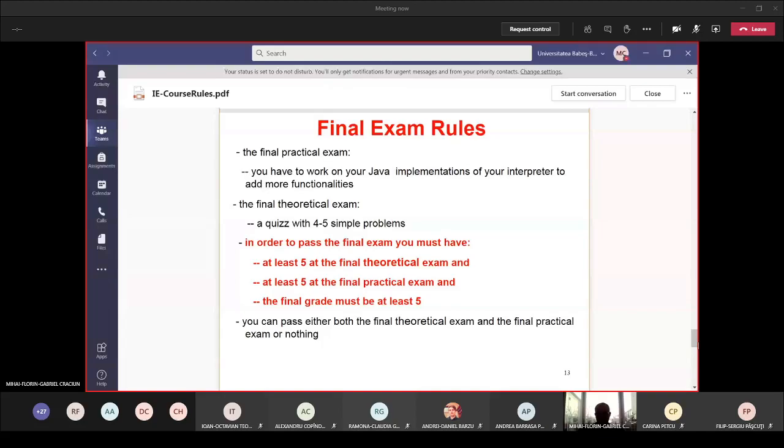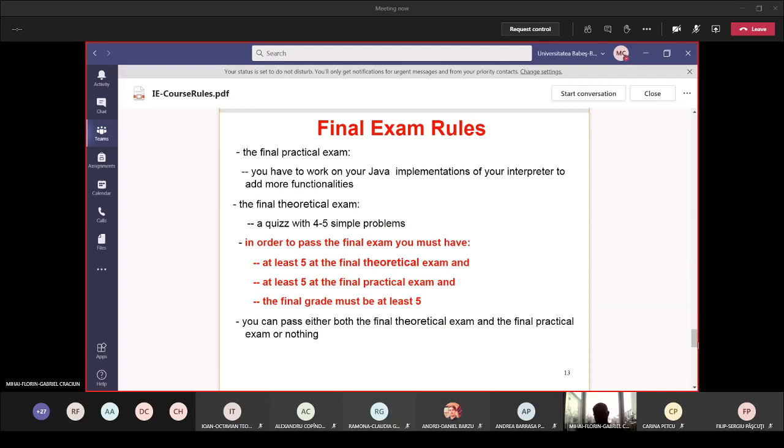The other rule is you either pass the entire exam, I mean both the theoretical and practical part, or you fail. If, let's say, at the theoretical exam you get a grade that is less than 5, in that case you can leave the exam, because the final practical exam doesn't really matter since you already failed.